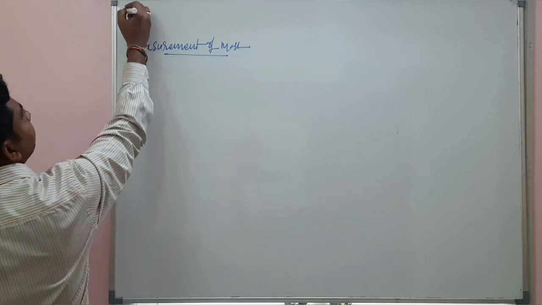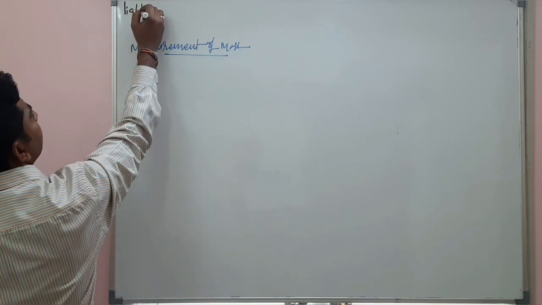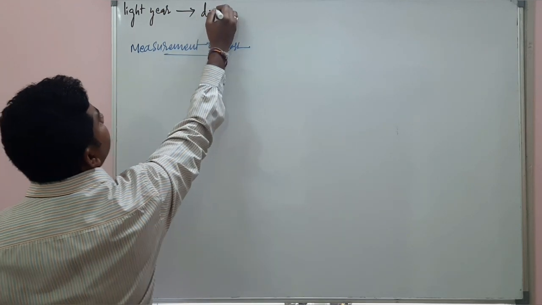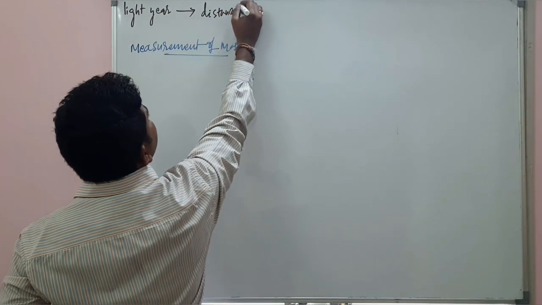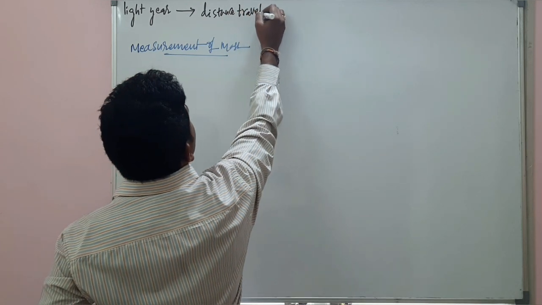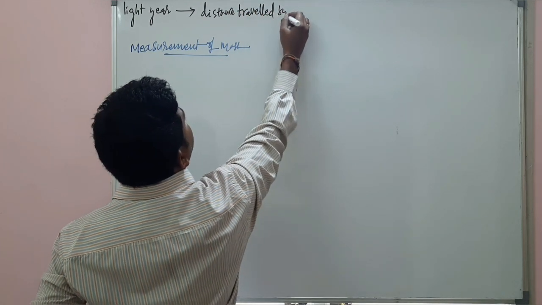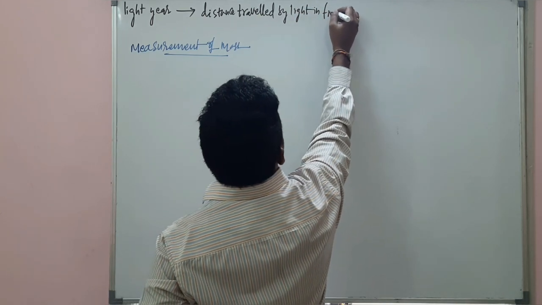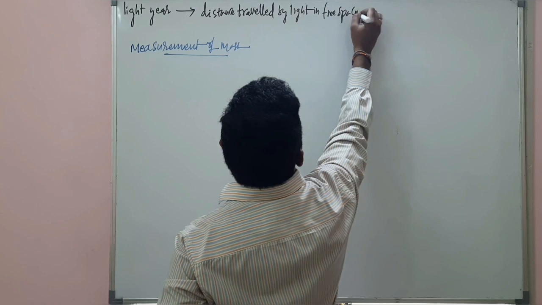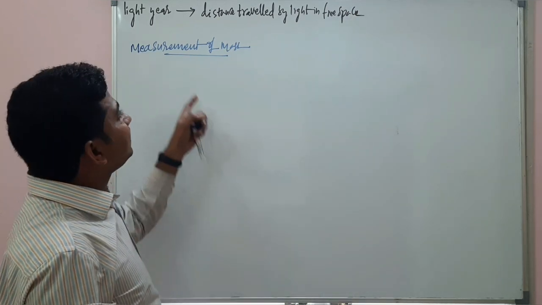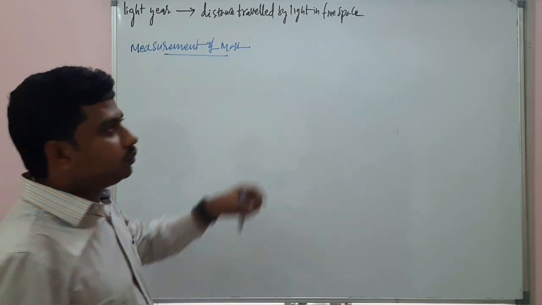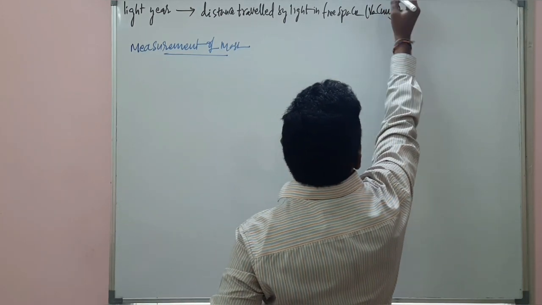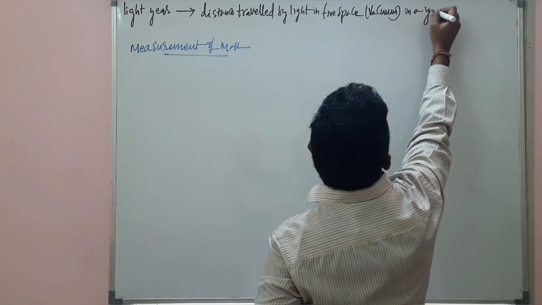A light year is the distance traveled by light in free space, I can say in vacuum, in a year.